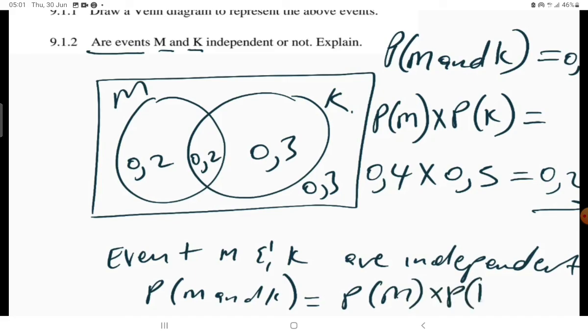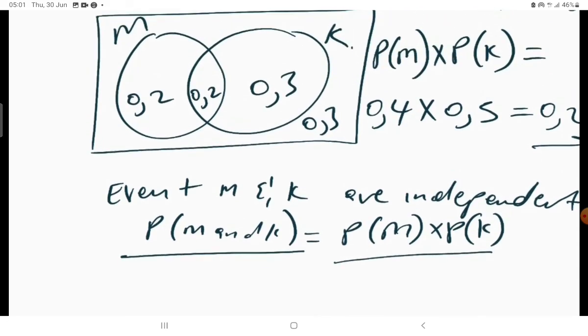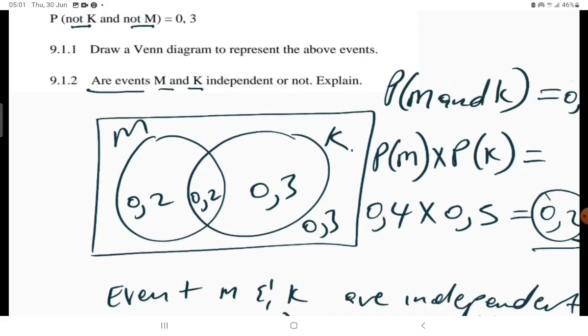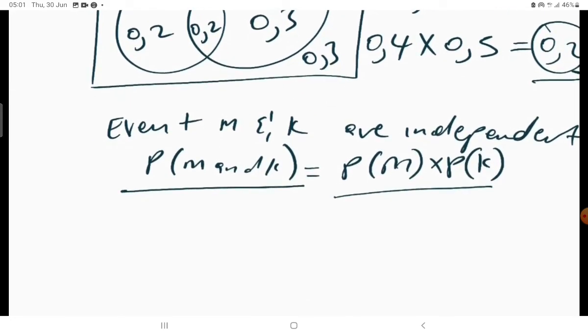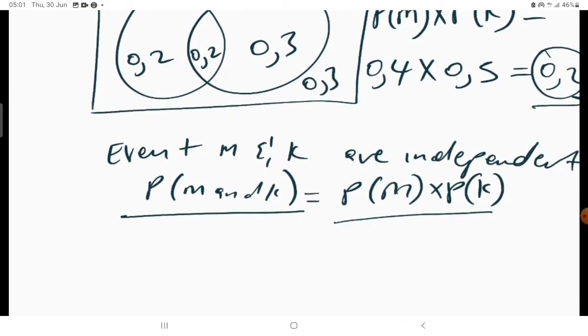The probability of the intersection is equal to the product of their probabilities, because we have 0.2 and we also have 0.2, so they are equal to each other. So these two events are independent of each other because of that.